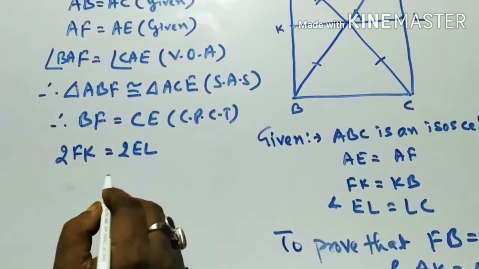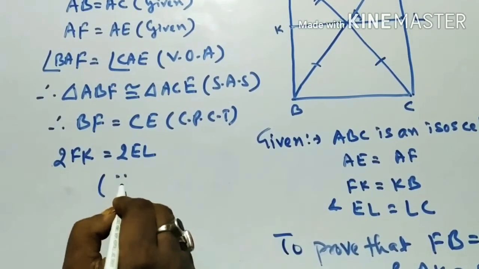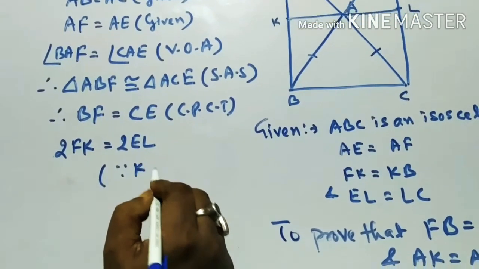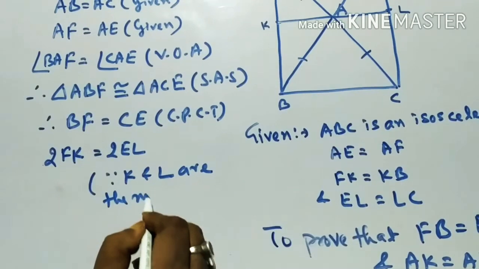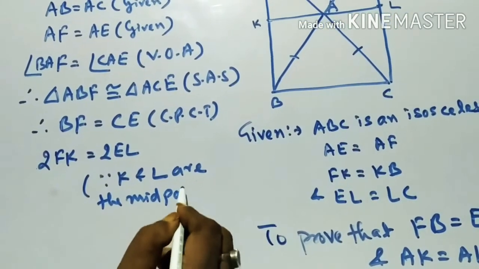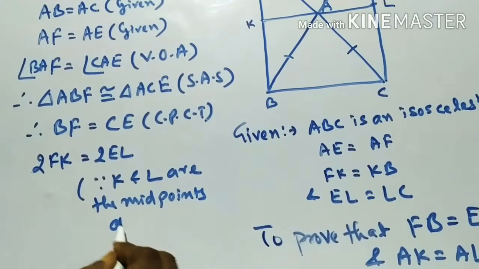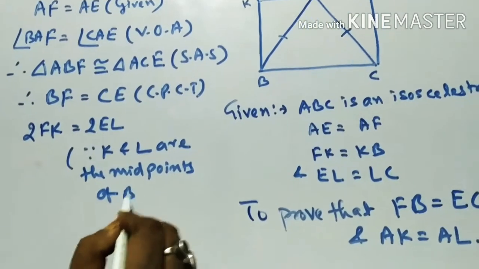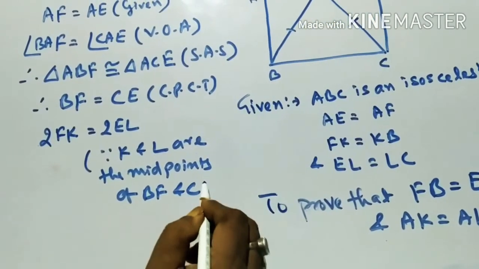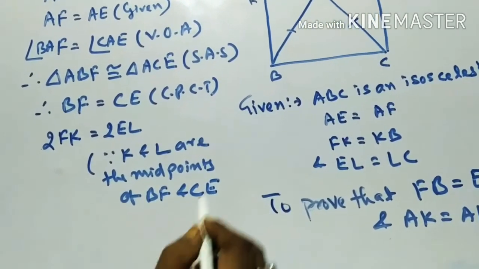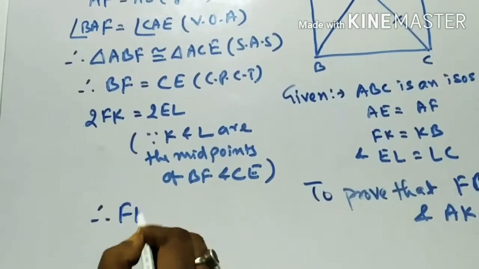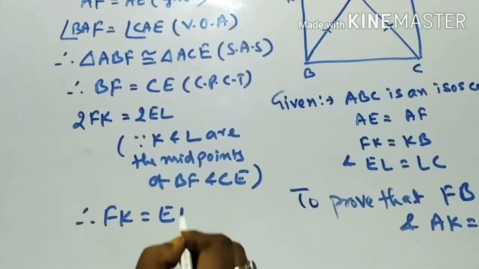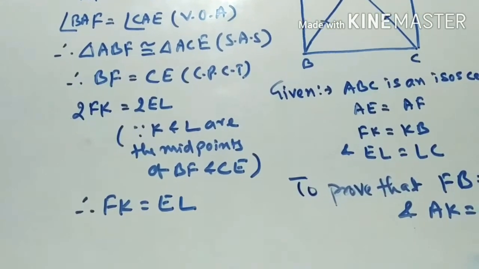Why can I write this? Since K and L are the midpoints of BF and CE. Therefore, FK is equal to EL.